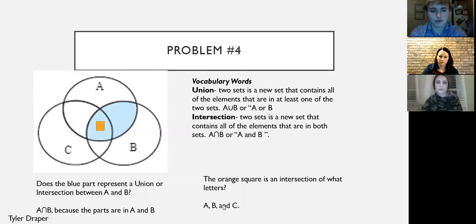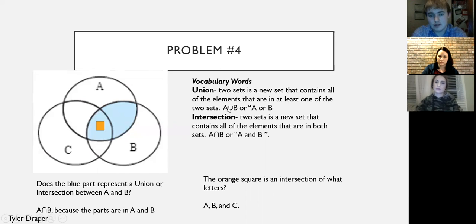Okay. Does the blue part represent a union or intersection between A and B? Okay, so first we have to determine what a union is. A union is defined as 2 sets in a new set that contains all the elements that are in at least one of the 2 sets.